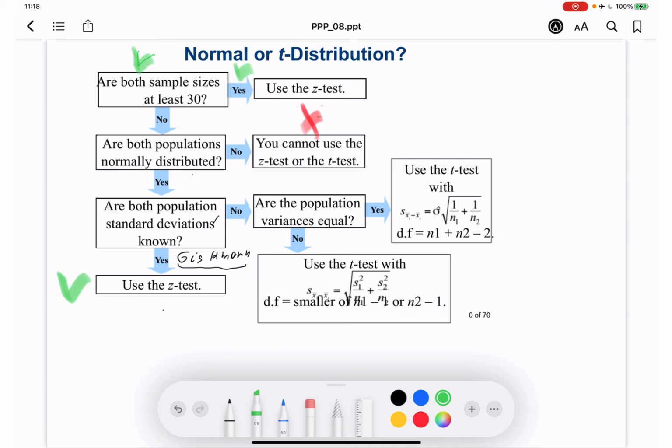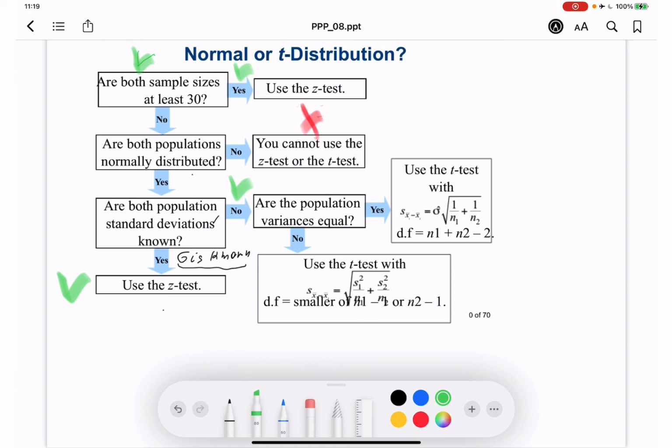But if sigma is not known, then we are looking at the sample size. If sample size is less, okay, then we are heading towards t-score test. How are we going to do it? Now another problem comes up in front of us if sample size is small.